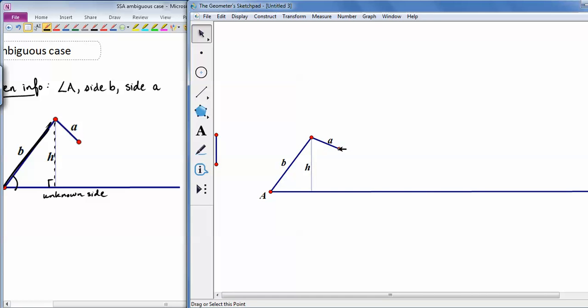So if a is tiny, there are no triangles that are going to exist. In fact, the very first time you can get a triangle is if a was just long enough so that you could drop it straight down. In that case, it would have to be the height of the triangle, and then I could swing it around where it just grazes right there. That's the only place I could actually connect it to make a triangle, and it would be a right triangle then.